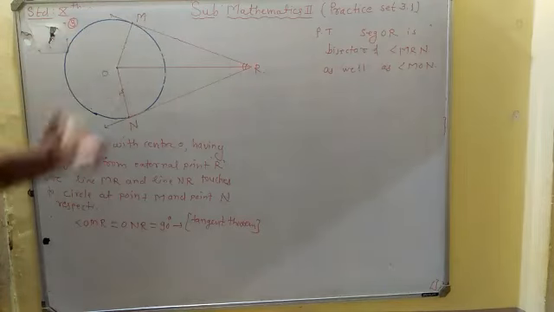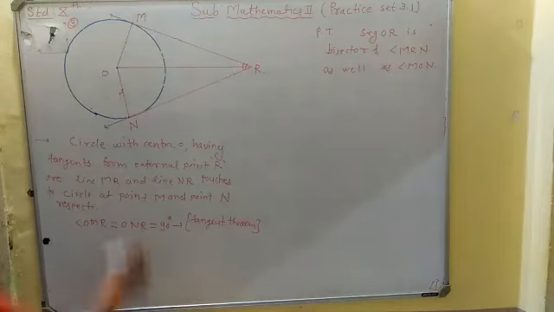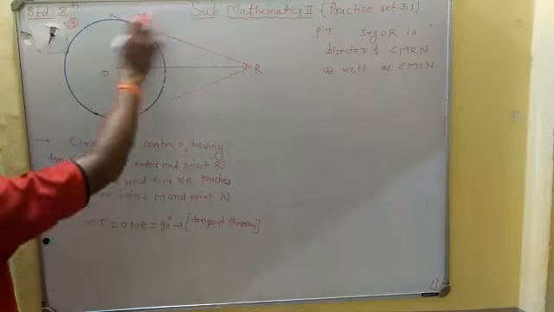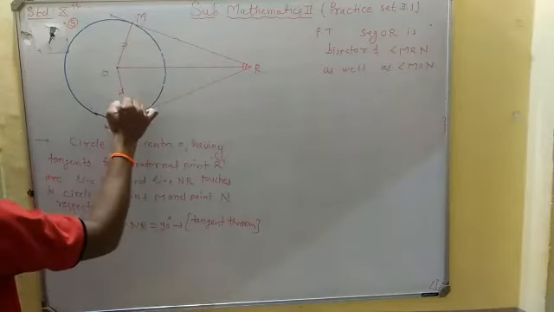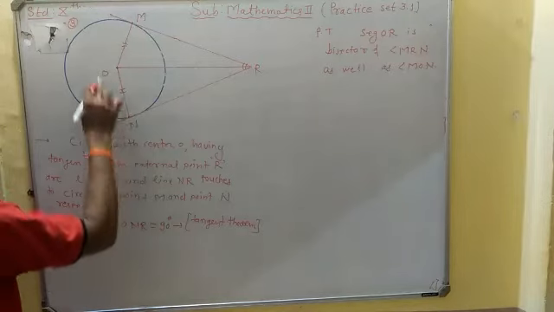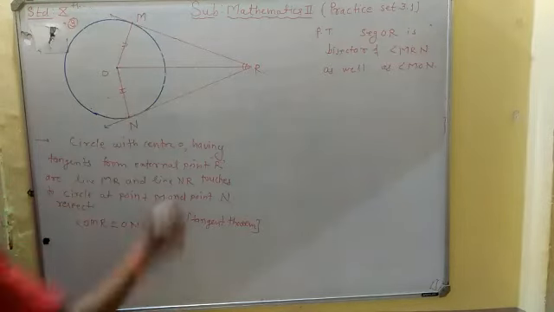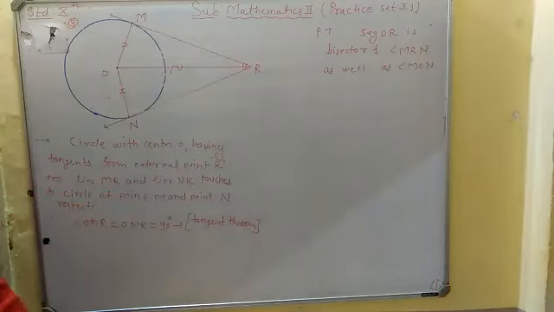Now look at those two right angle triangles OMR and ONR, in which OM and ON are the radii of the same circle. OR is the common side.